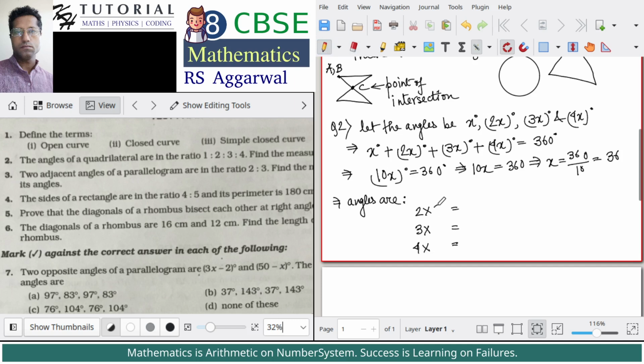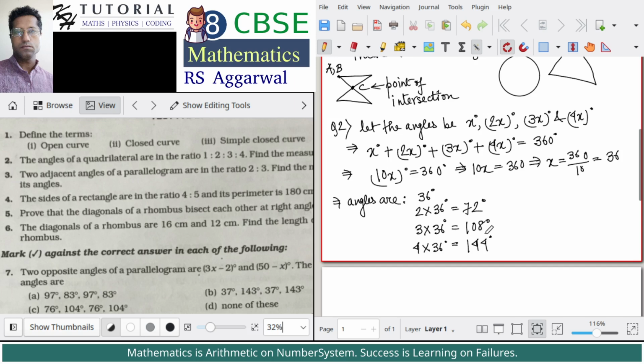Okay, so the angles are: x is 36 degree. 2x is 2 into 36 degree, which is 72 degree. 3x is 3 into 36 degree, which is 108 degree, and 4 into 36 degree, which is 144 degree. I hope this is right.